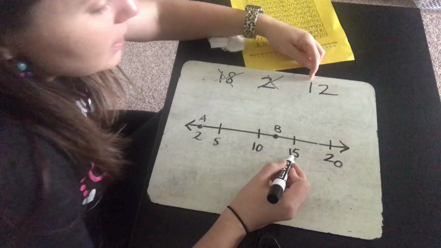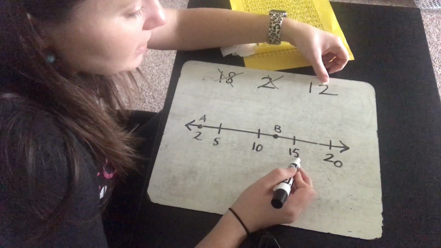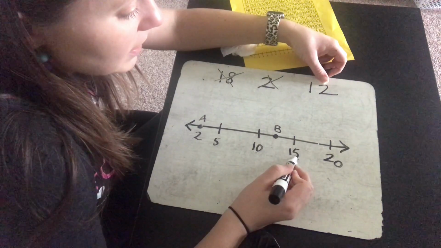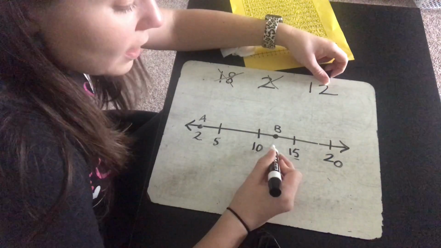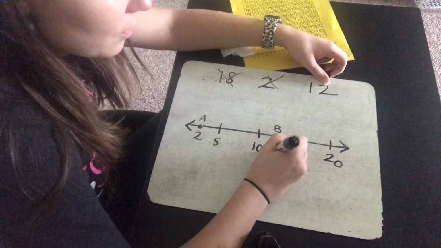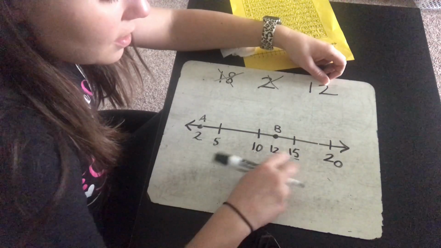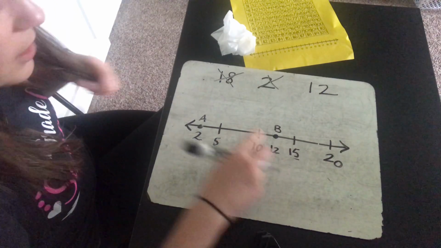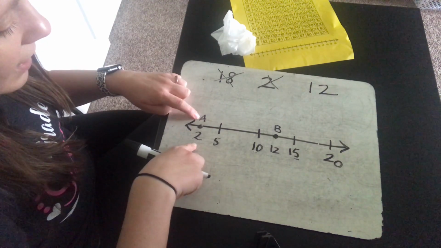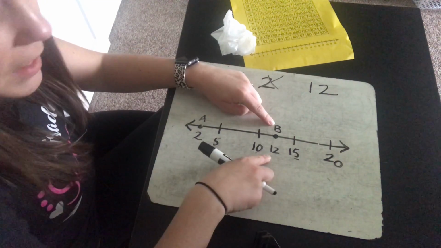Well, they both have tens places. 12 has a 2 in the ones place and 15 has a 5. 2 is less than 5. So 12 has to be right here because it is greater than 10, but it's less than 15. So if you got this correct, you should have gotten 2 at A and 12 at B.